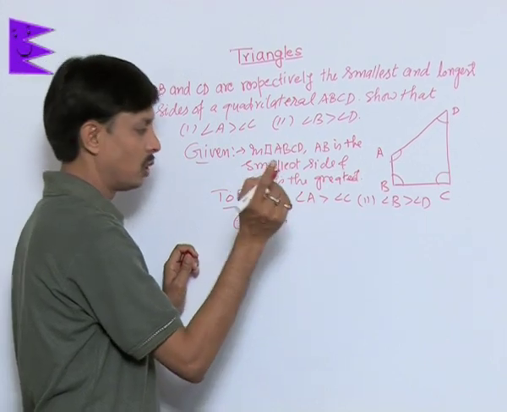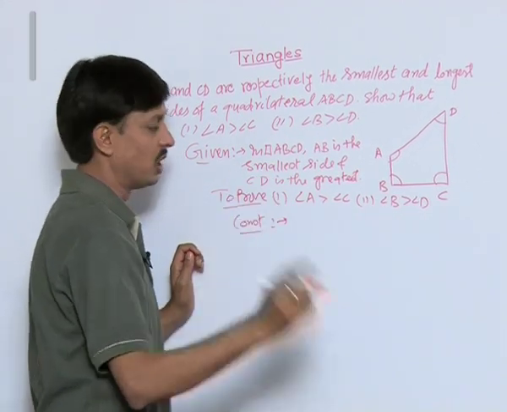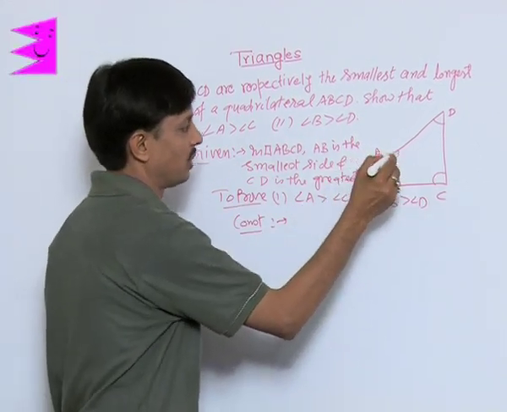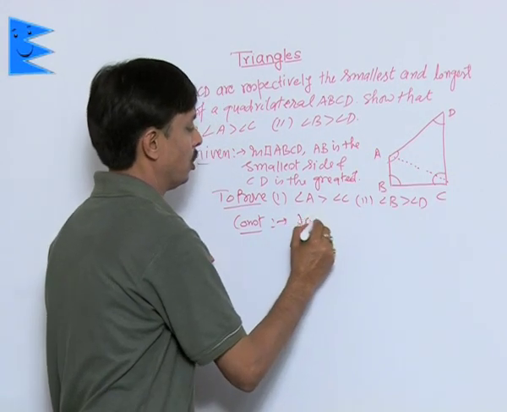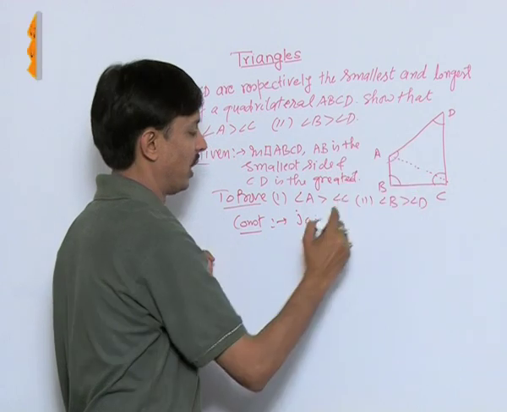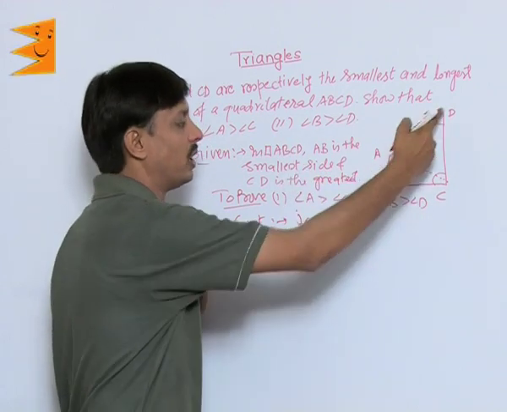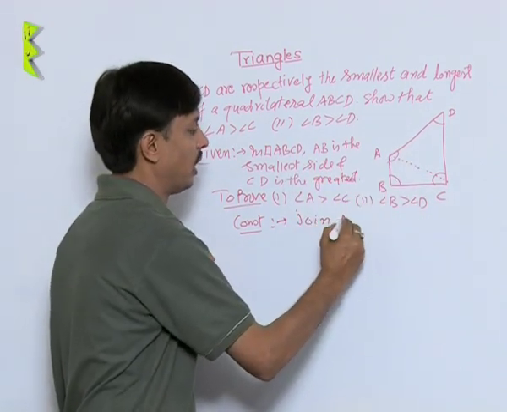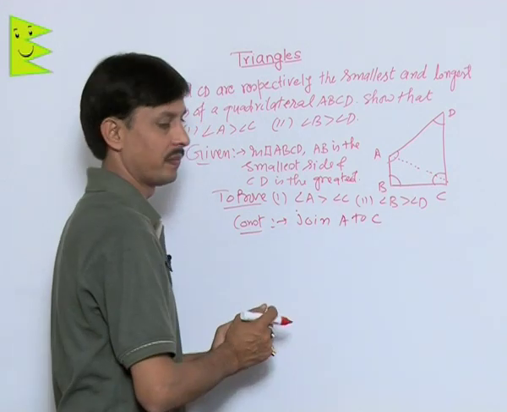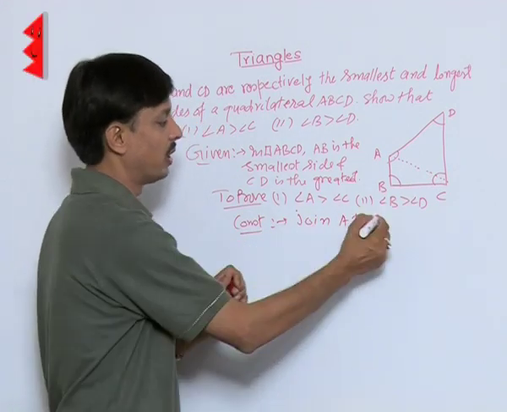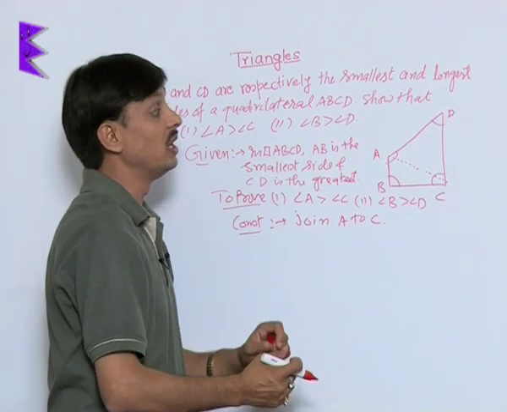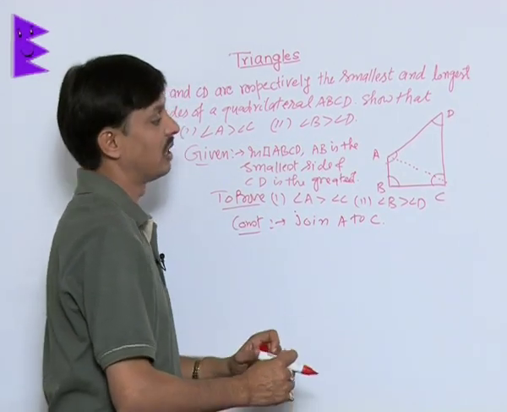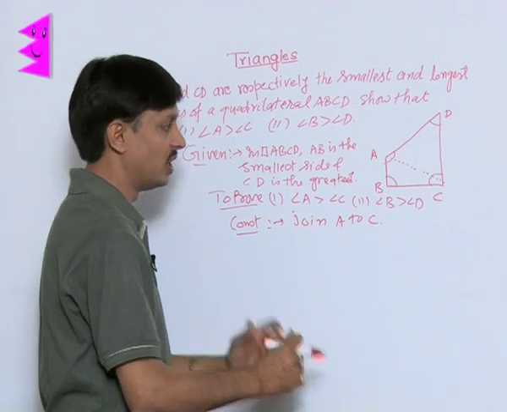First I am doing the construction just to prove the first part, that is, join A to C. For the first part, similarly I will join B to D. If I have joined A to C, then this quadrilateral ABCD is separated into two triangles, ABC and ACD.